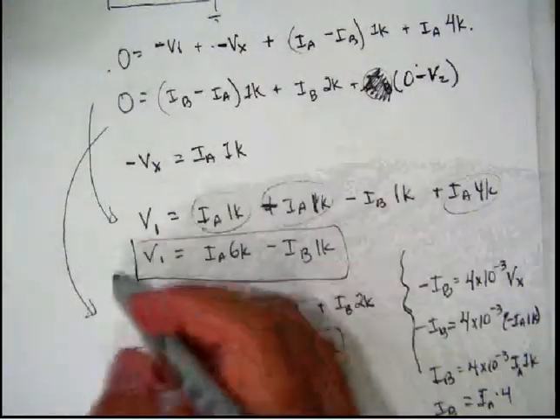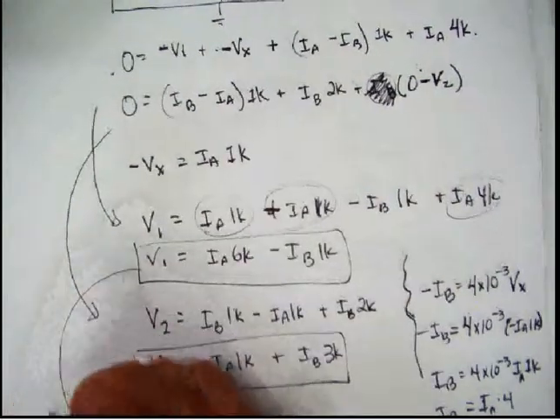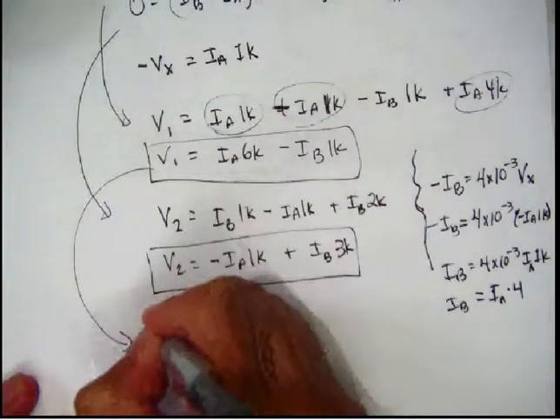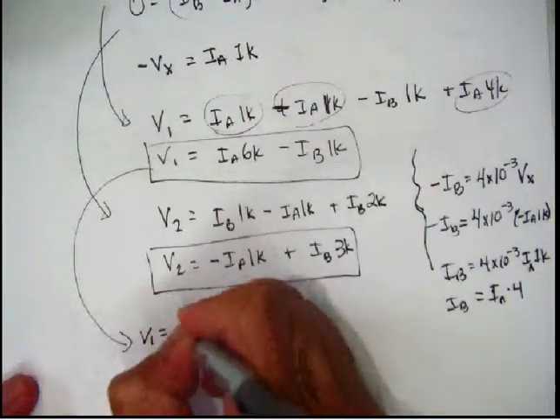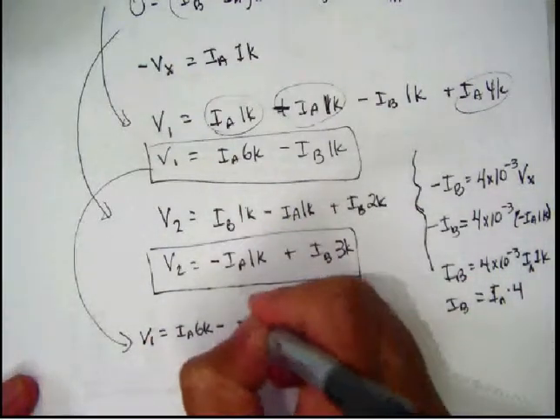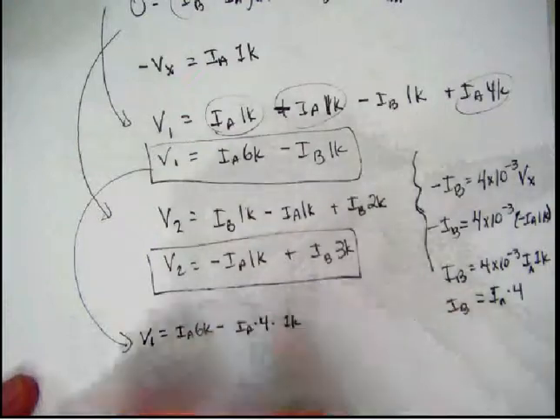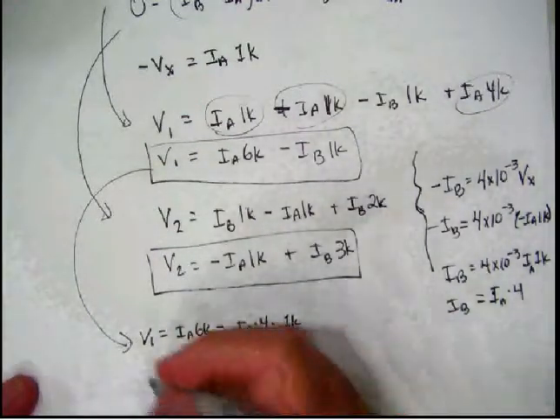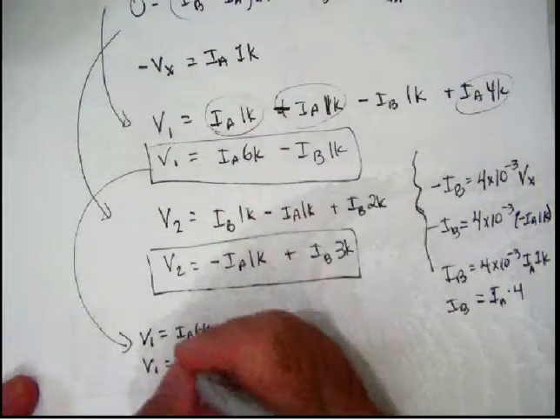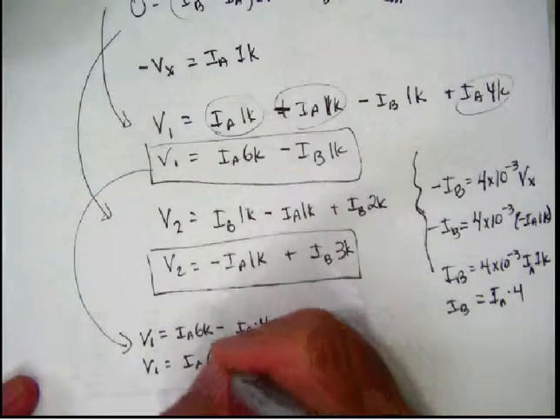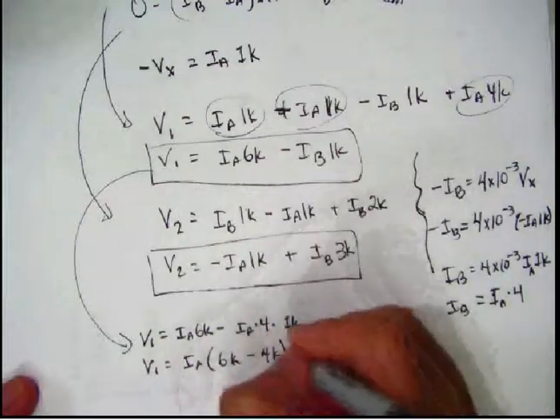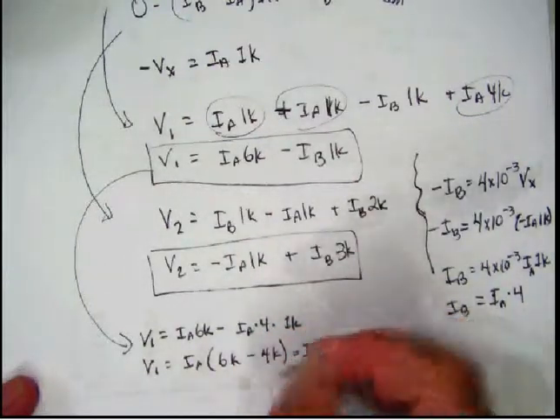Let's plug into this first equation. V1 is equal to IA 6K minus IA times 4 times 1K. And so we have V1 is equal to IA 6K minus 4K, so IA 2K.